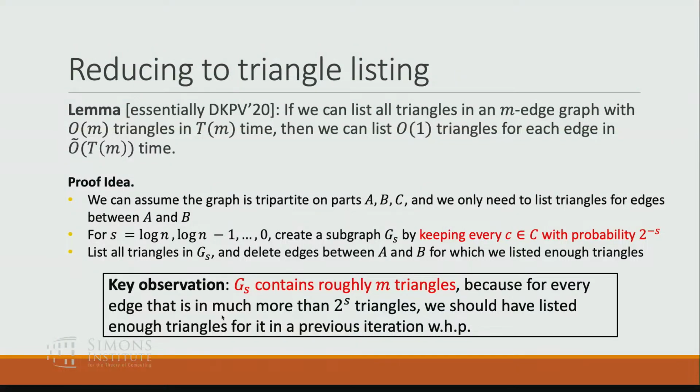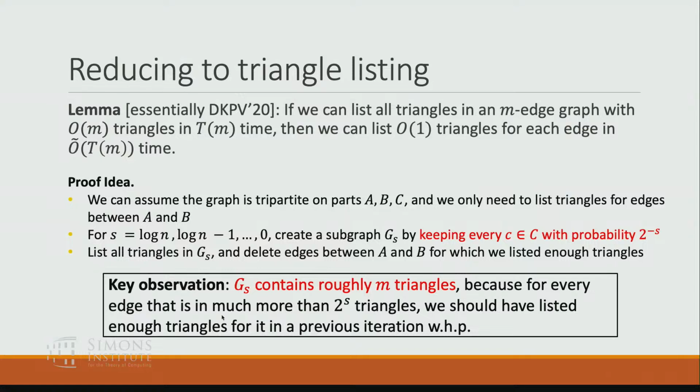Because AB is in more than 2^s times log n triangles, we expect to see log n triangles remaining that contain edge AB. And log m is greater than 0.1. So in the previous iteration, we should have listed enough triangles for edge AB with high probability.